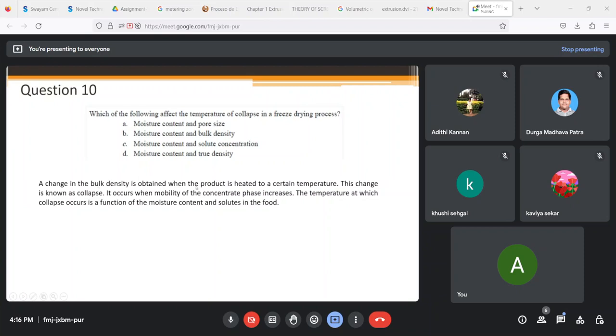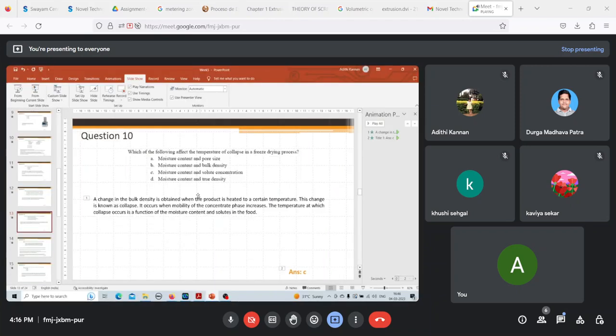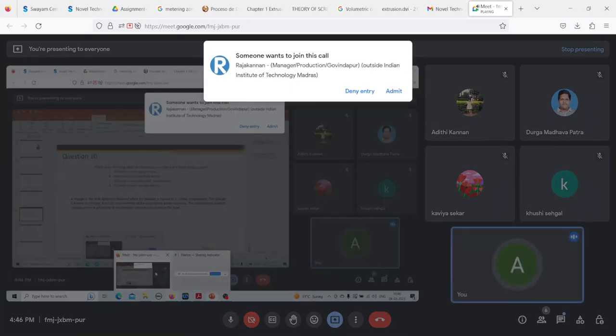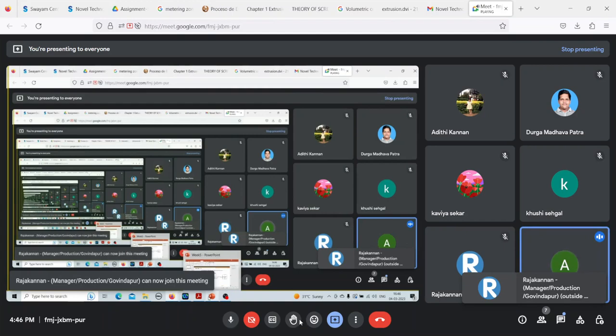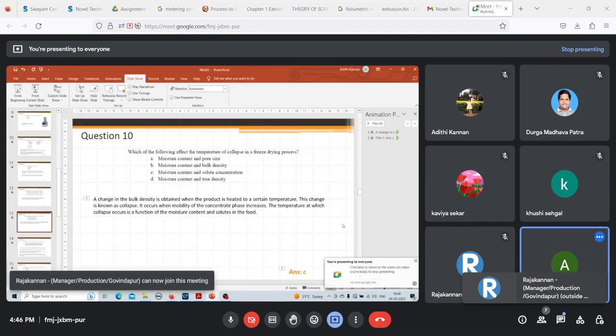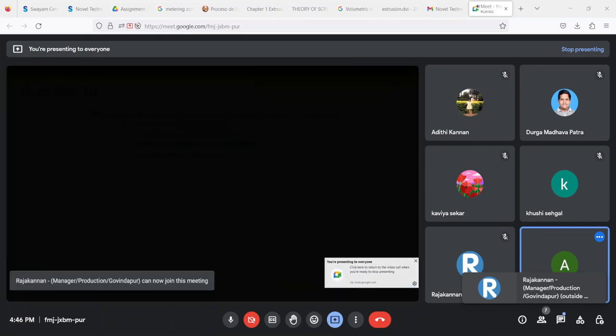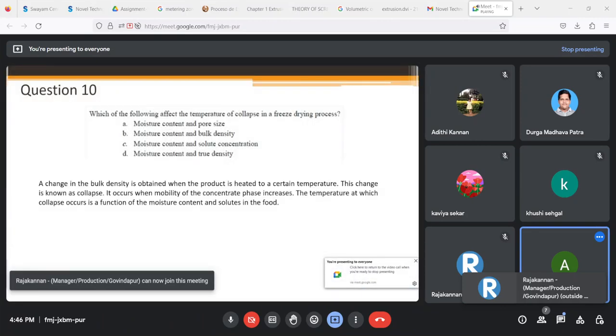And this happens when the mobility of the concentrate phase increases. As you supply more and more heat, your concentrate, that is your other molecules, will also gain mobility. So it is not just your ice that gains mobility or velocity, it is also your concentrate or your main food product or your solute.